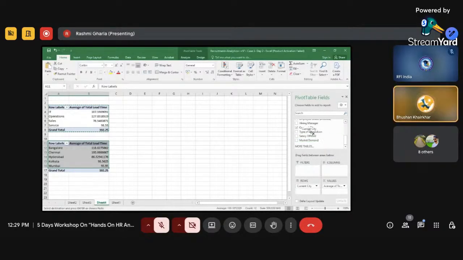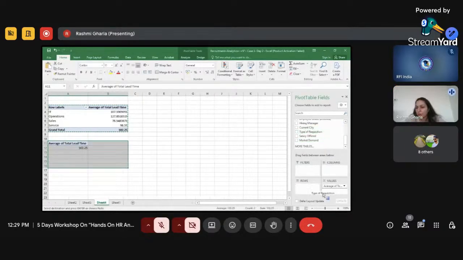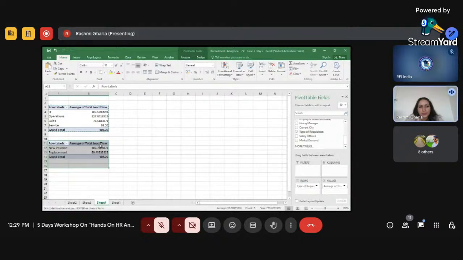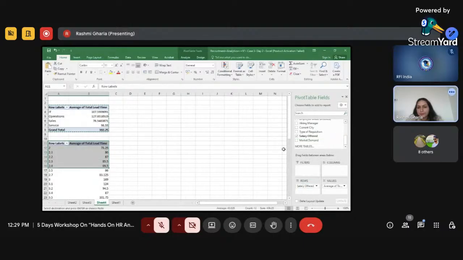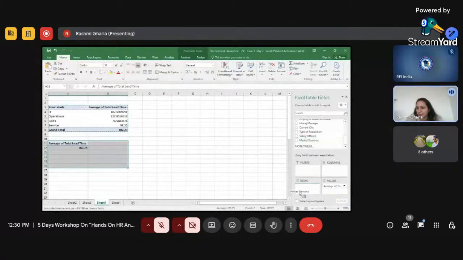Notice period or something like that. Yes. Now, for type of requisition, if it is a new position, the lead time is higher. But if it is a replacement position, right? Somebody has left and you are replacing it. So then the lead time is lower. Salary offered. Again, you can take the range, although we have seen the salary offered is almost similar.